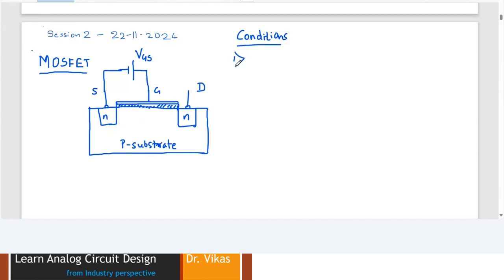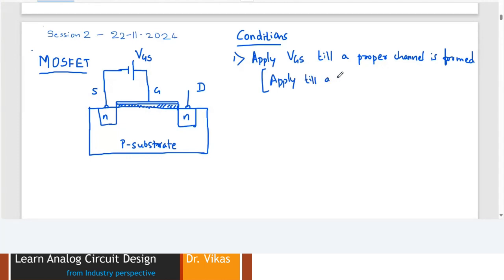First, you have to apply VGS till a proper channel is formed, and that means we have to apply this VGS till a voltage called VTH, or threshold voltage.